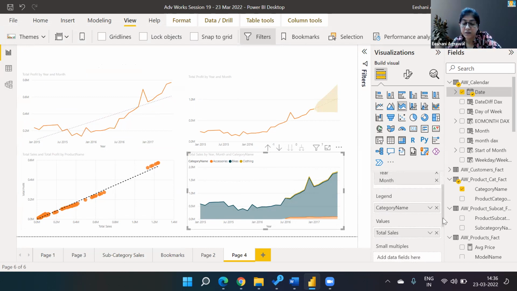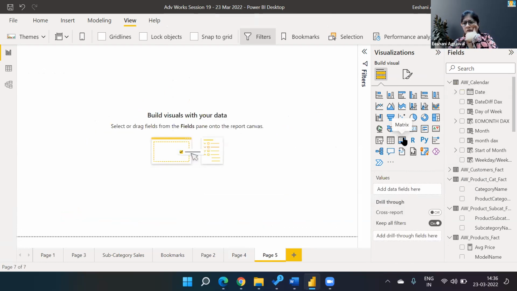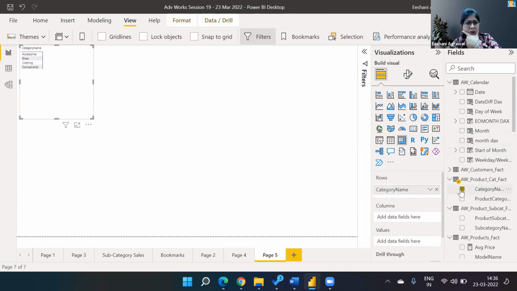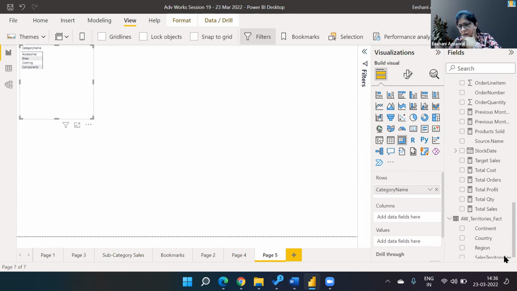Oh, this is sales. Sales is higher for bikes, yes, but for clothing is the sales that high? Is the sales comparable for both? Not at all.